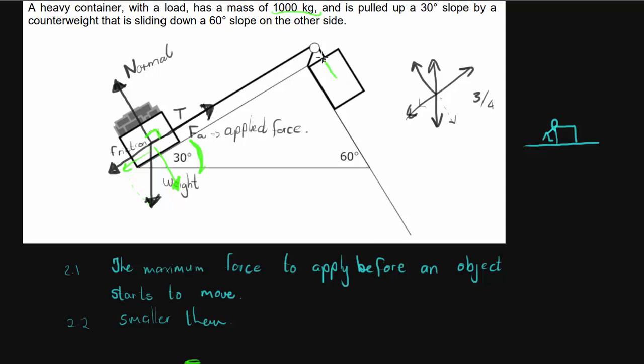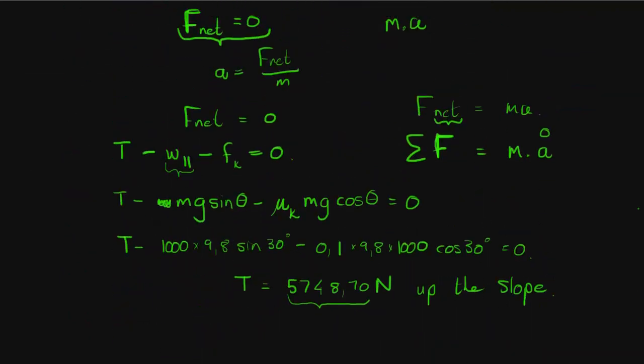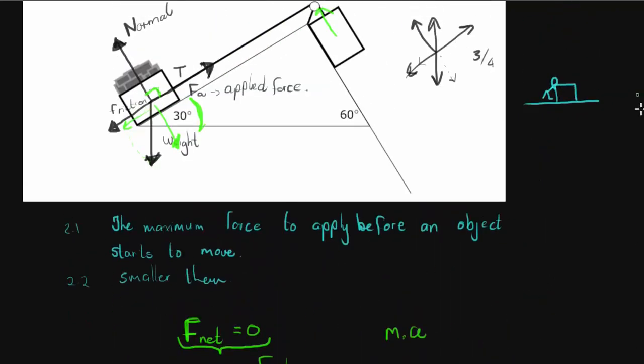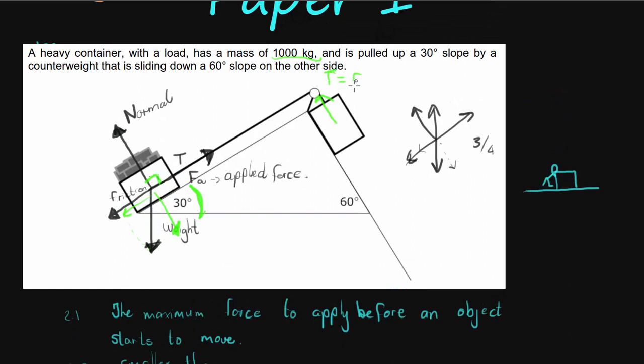So in this direction, we want a T equal to 5748 newtons. That's what we want to be able to apply.